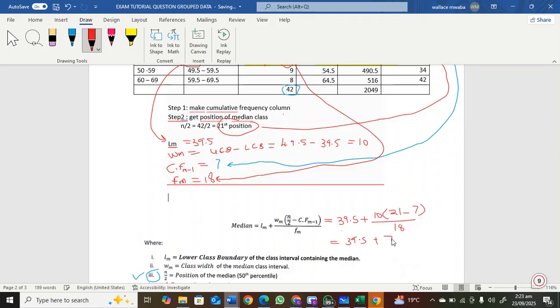We'll put it as 7.8 because we're doing it to one decimal place. So 7.8 plus 39.5, we get 47.3. That is our median, the middle value.